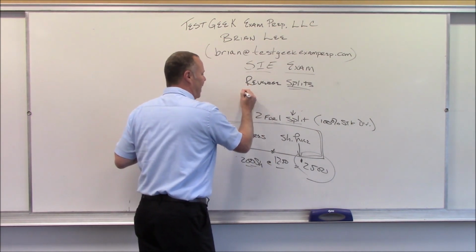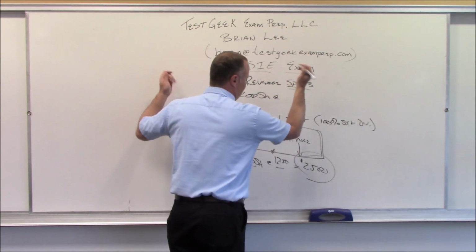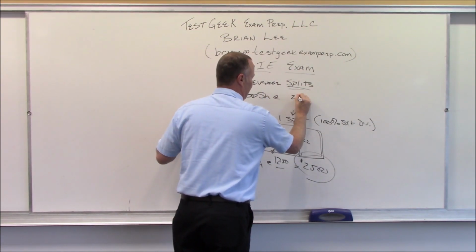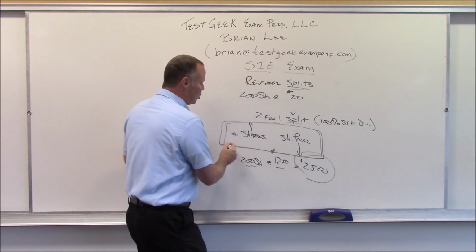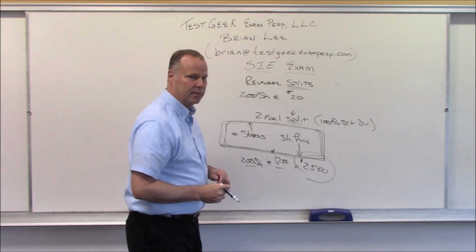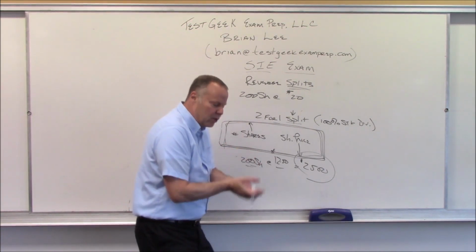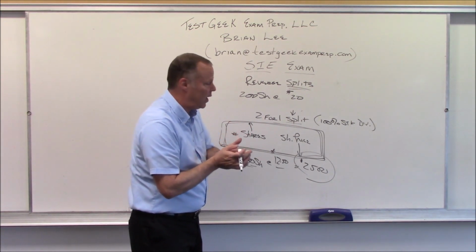So in this case, again, let's say we own 200 shares at, oh, I don't know, and I don't care really, to be honest with you, 20 bucks a share. Now, in a reverse split, it is the exact opposite. Okay? Again, remember, they're trying to increase the share price so they don't get kicked off the exchange.